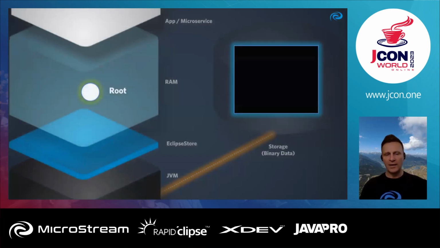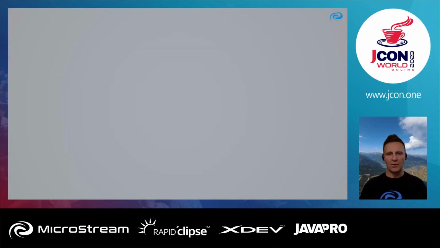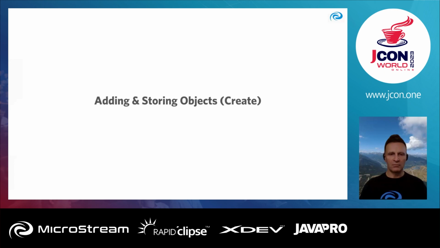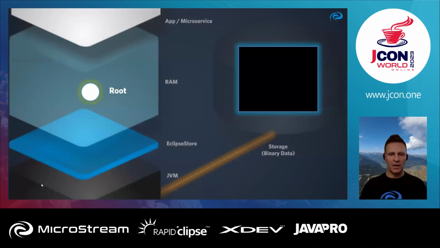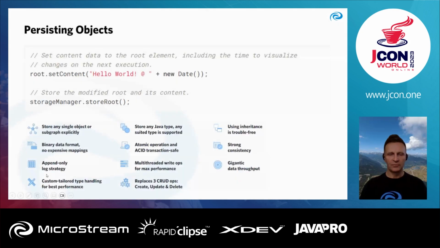Imagine this is a kind of like a Swing tree. So we have a root object, and all objects that are reachable from the root can be persisted. Now I want to add some objects here. And to store objects, by the way, this is only one store method.